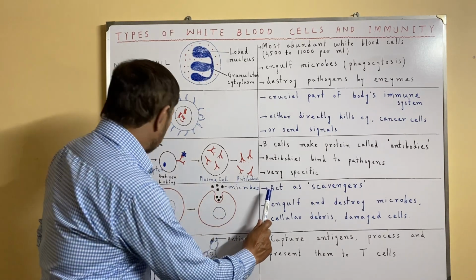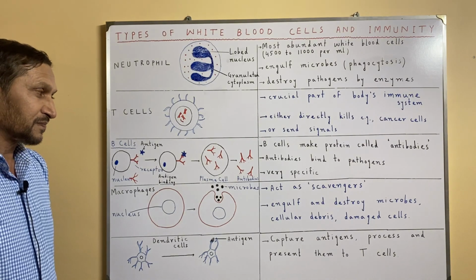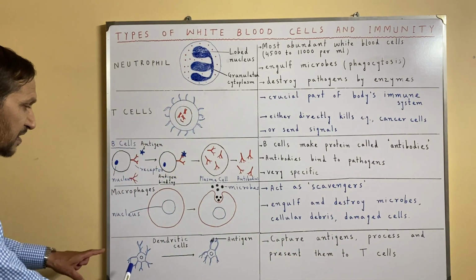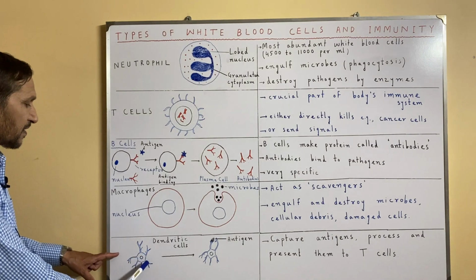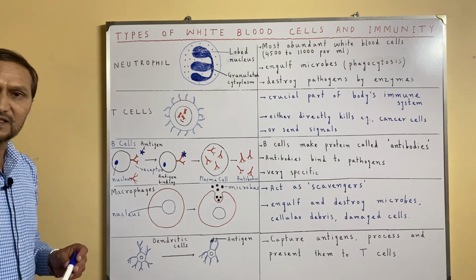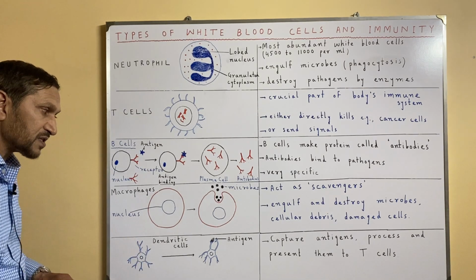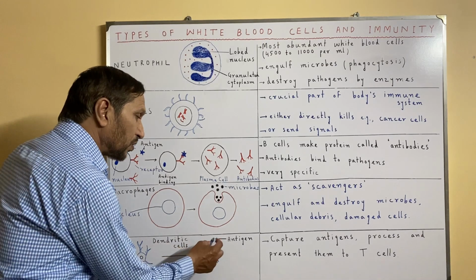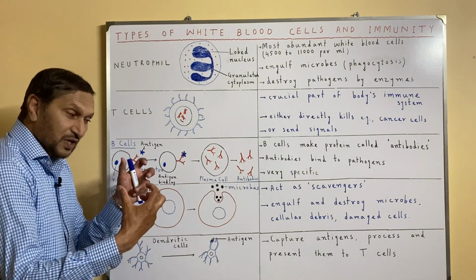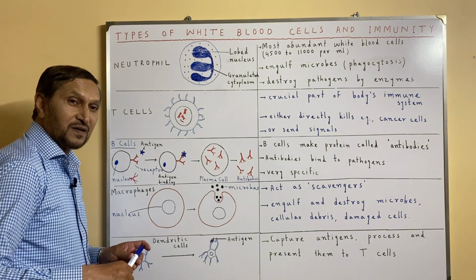So macrophages act as scavengers, and they engulf and destroy microbes. The fifth type of white blood cell is dendritic cells. Dendritic cells have dendrites, which are branches, and they are able to arrest and capture an antigen which enters our body.